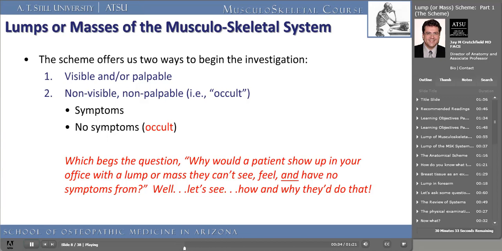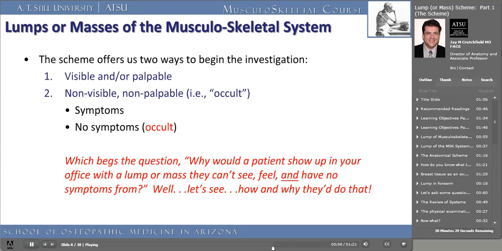The answer is easy. Just because we can't see the region in question with our eyes doesn't mean we can't see it or haven't seen it using radiological imagery. You'll soon understand many patients can present to your office with an occult mass found incidentally on a radiograph, which was ordered or requested to work up an unrelated problem.